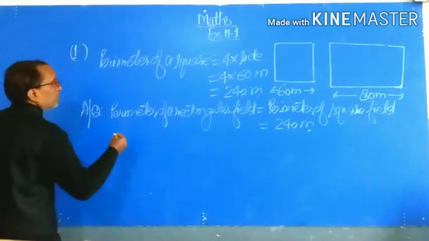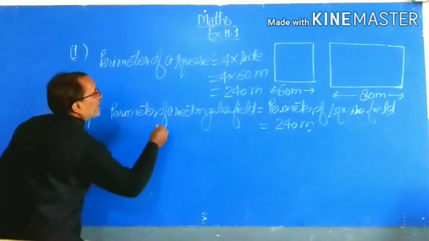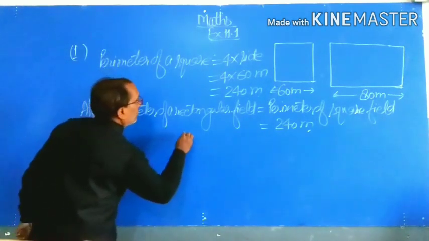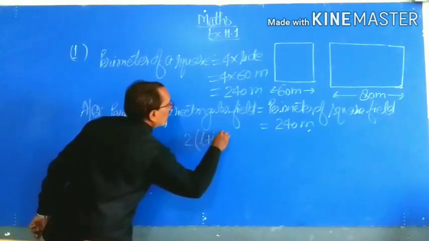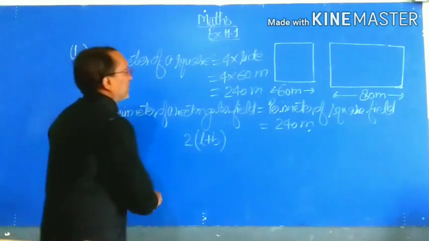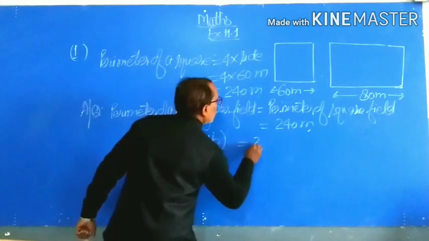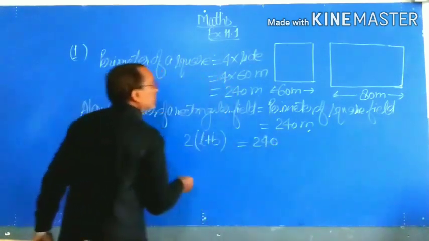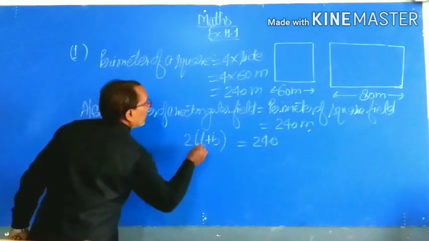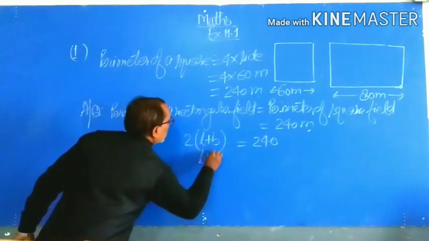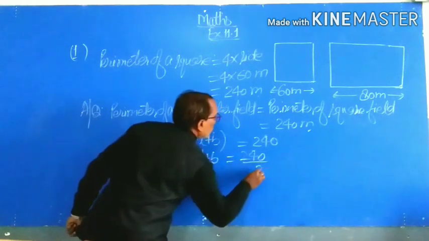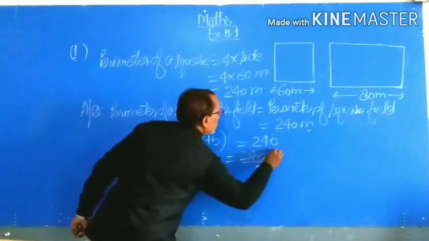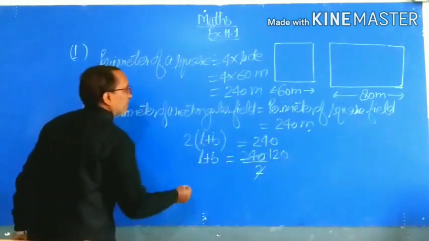Then perimeter of rectangle is equal to 2 bracket L plus B. This is equal to 240. Then L plus B is equal to 240 upon 2, that is 120.